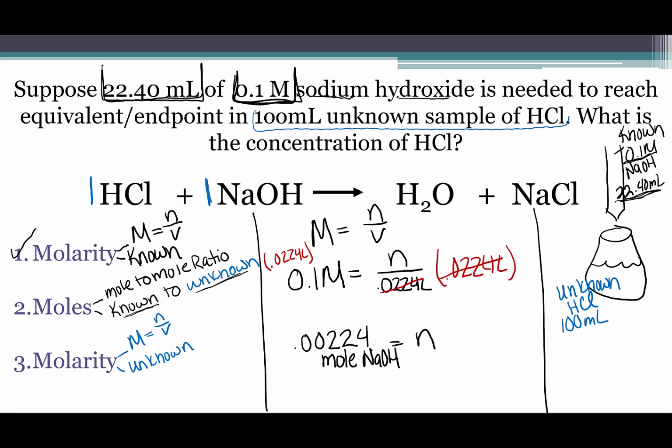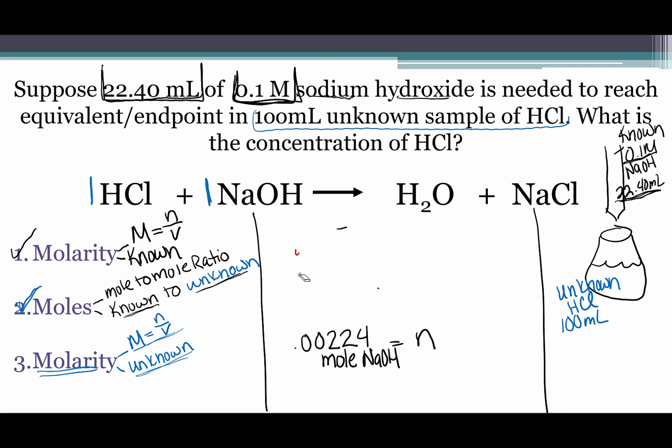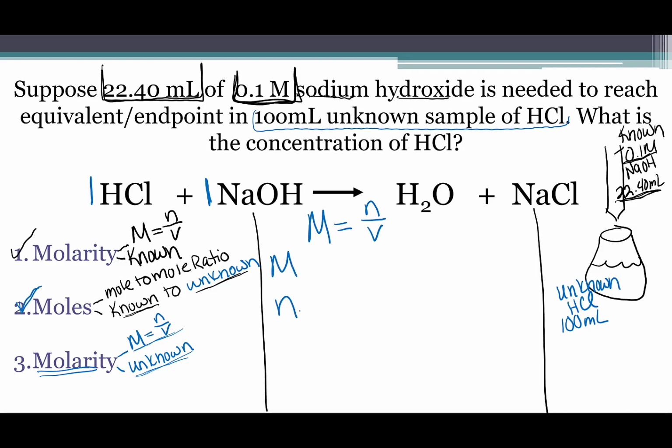All right, so we're going into our last step. So our last step is we're using the molarity equation, and we're inputting what we know about our unknown. So I'm actually going to do it right here in the middle again, just so we have our picture close. So from step, actually let's get the molarity equation on the board. So we have molarity equals N over V. Okay. I'm going to take inventory of what I know, try to decide what it is that we're solving for.